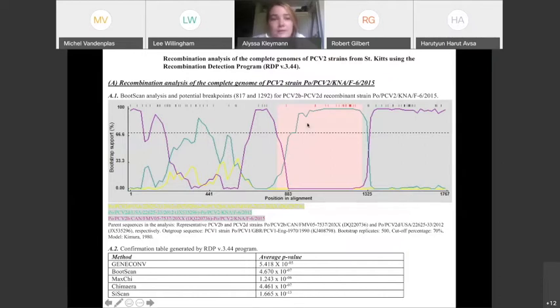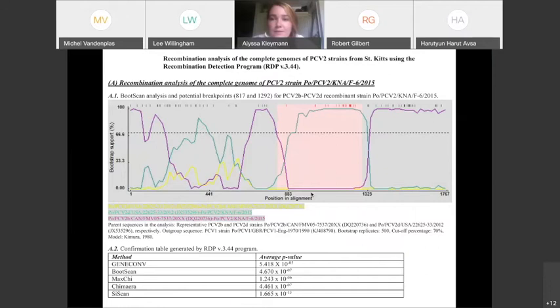So this is specifically looking at the F6 strain, and we see here, hopefully you all can see my arrow, that the recombination event occurred in the ORF2 region around position 883.